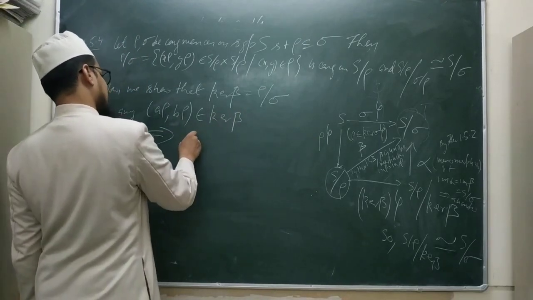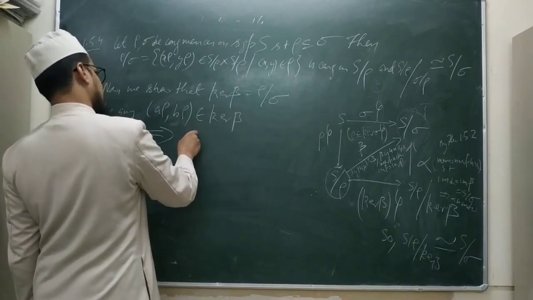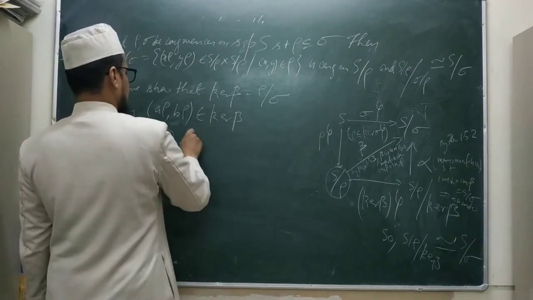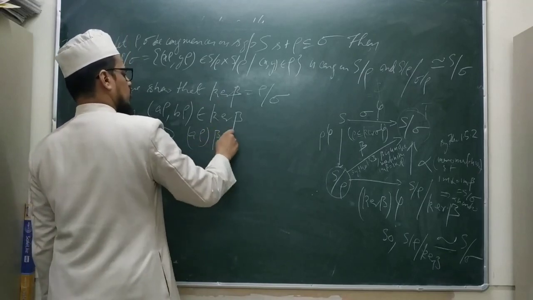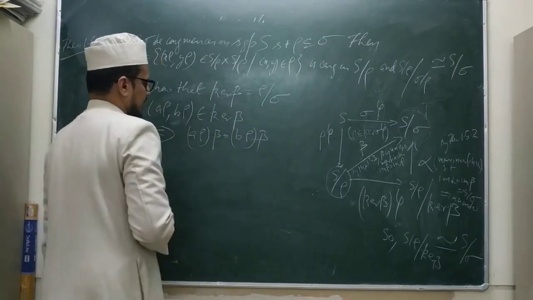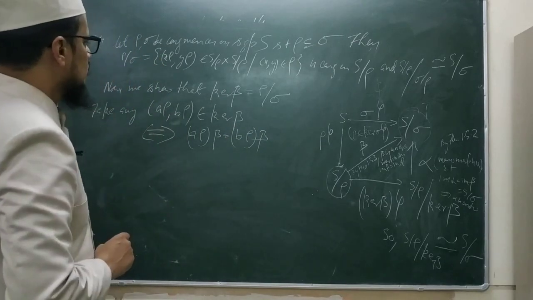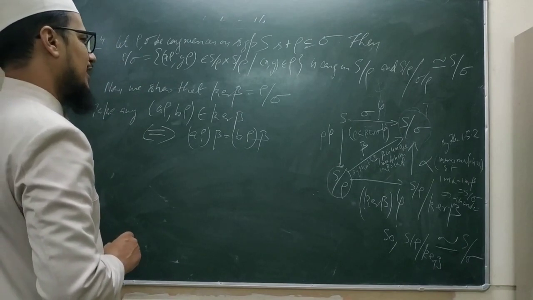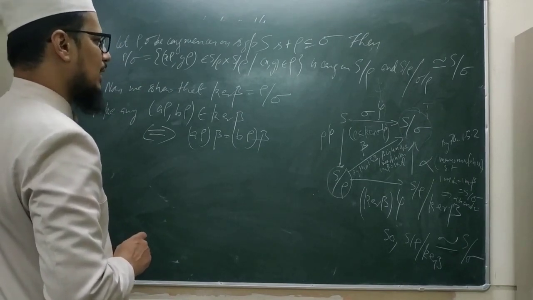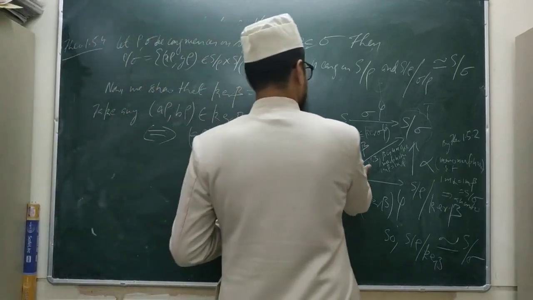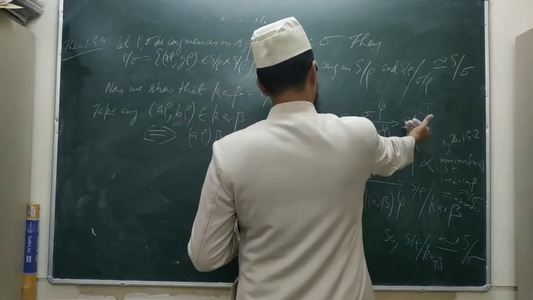It implies, by the definition of kernel phi, that A rho beta is equal to B rho beta. Correct? So A rho beta is equal to B rho beta, and beta is a map from S by rho to S by sigma.